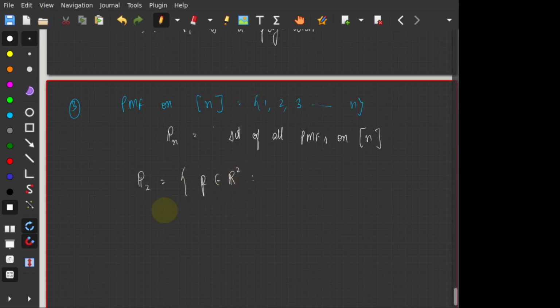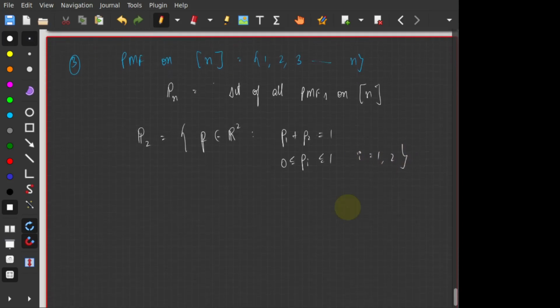So it's the set of p in R2 such that p1 plus p2 equals 1, and pi is between 0 and 1 for i equal to 1 and 2. Great.